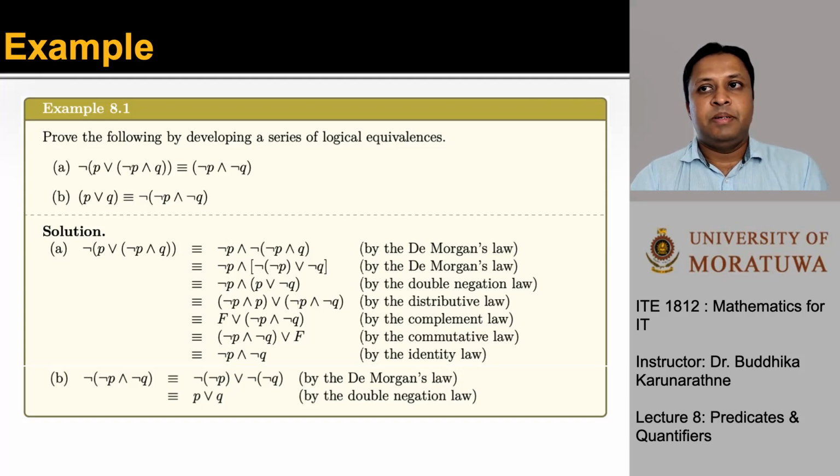And the second step, by applying double negation law. So by applying two of the laws, we arrive at the final answer, which is P disjunction Q. Those two are examples of applications of these laws to simplify propositional logic.